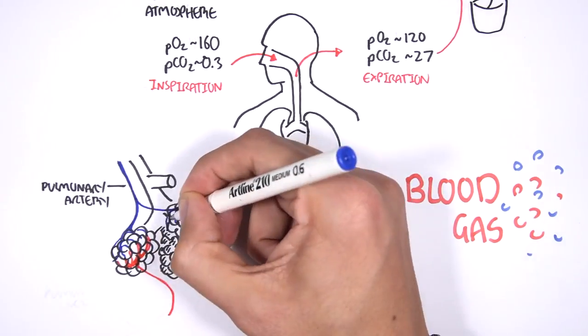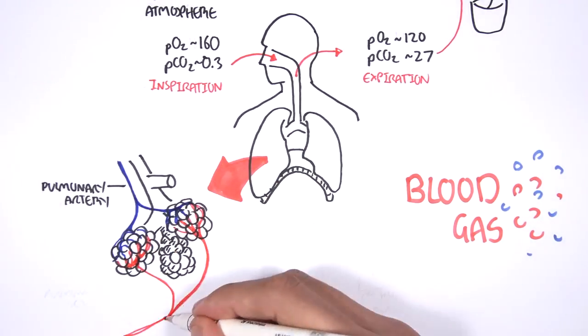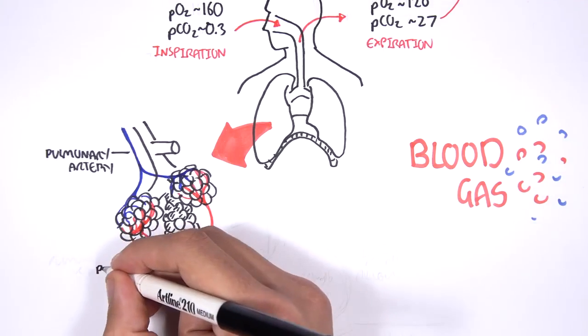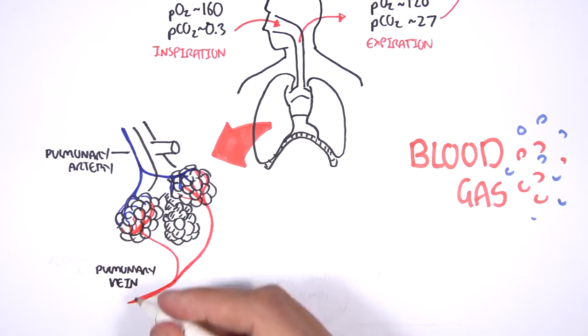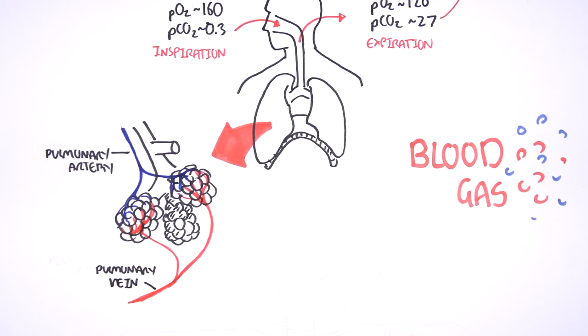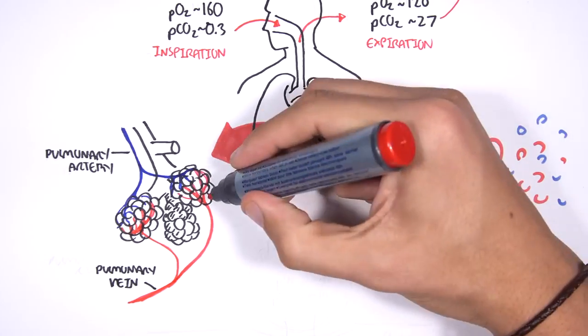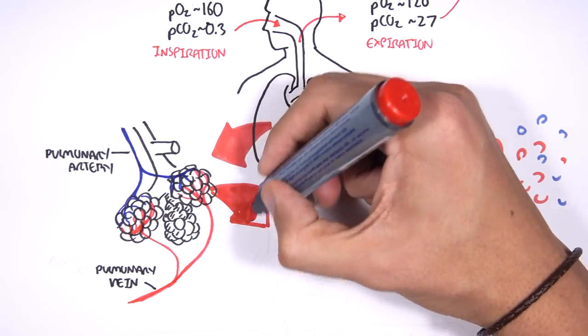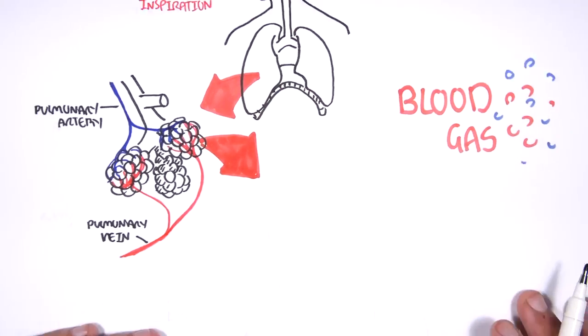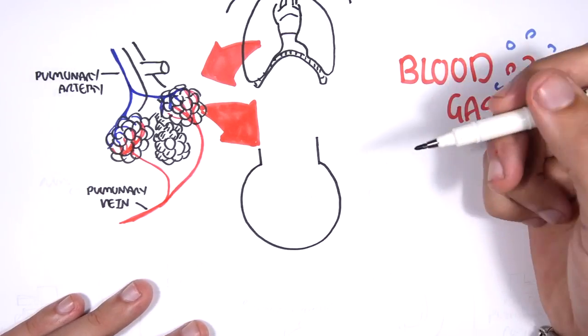And then they will leave the alveoli with reoxygenated blood through the pulmonary veins. And this all is thanks to the gas exchange process that occurs within the alveoli. So let's have a look at this gas exchange process in a bit more detail.